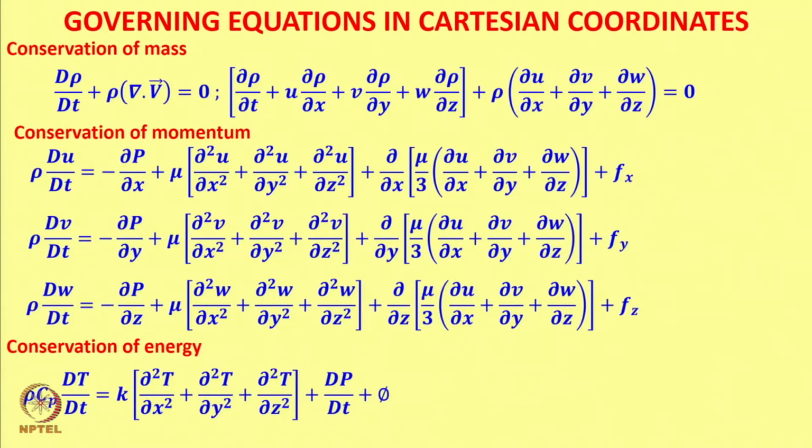These are the governing equations which we had derived. I would not like to write all of them because we have derived them, and I just want to show you these equations. This is the conservation of mass, x momentum equation, y momentum equation, z momentum equation and the energy equation.